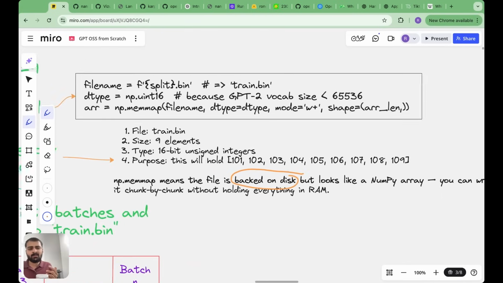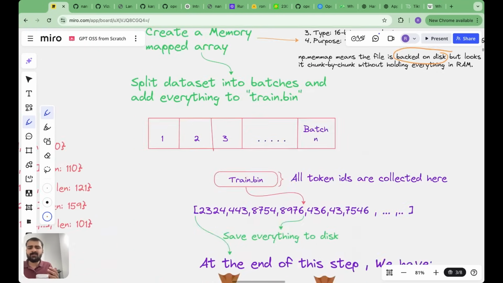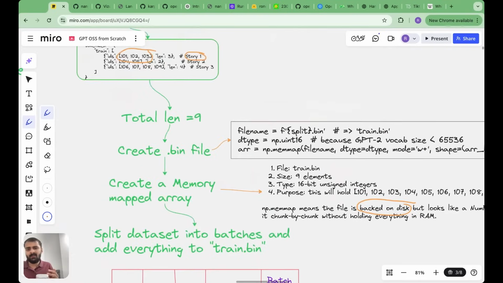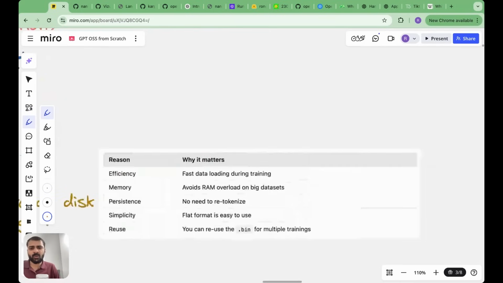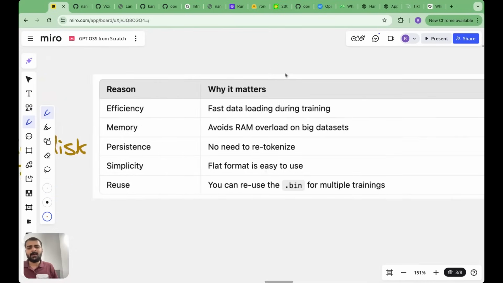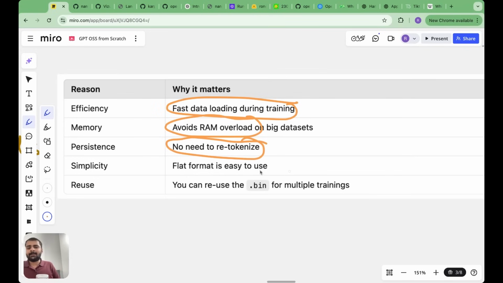The reason is that it becomes much faster to access if we store it on disk rather than on RAM. I tried RAM storage, but it's very slow first of all, and data loading becomes faster if you save the tokens onto your disk, and it avoids RAM overload. We don't need to retokenize. We can reuse the .bin for multiple training runs.